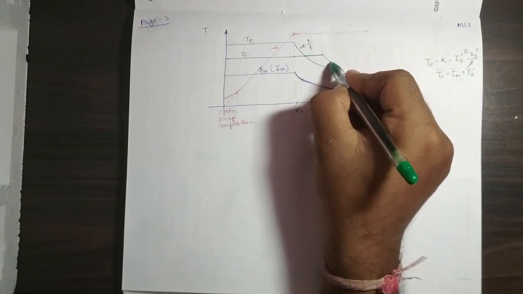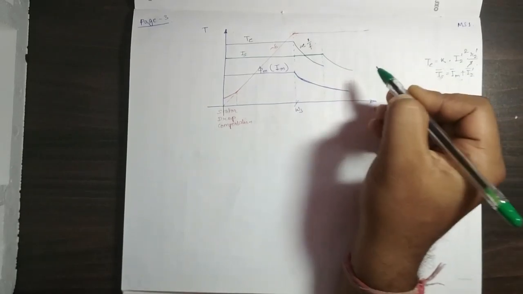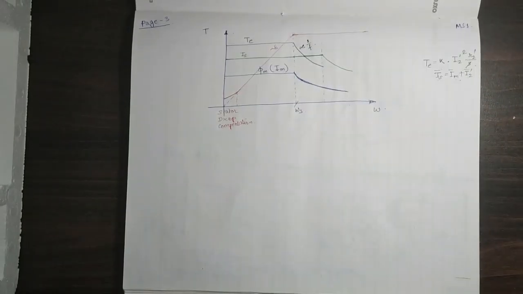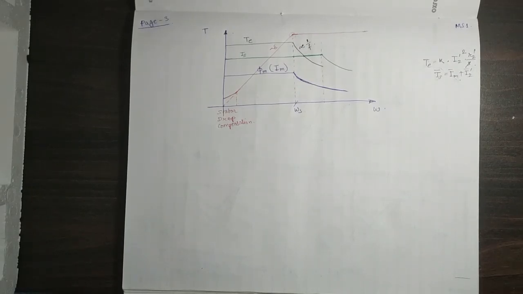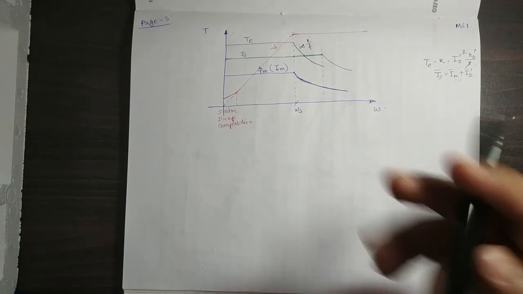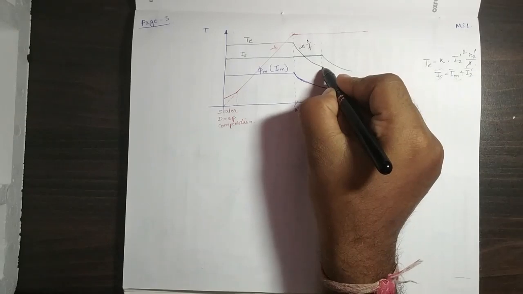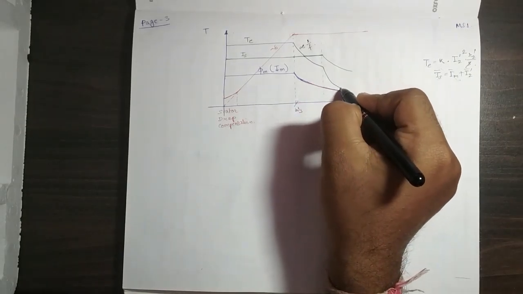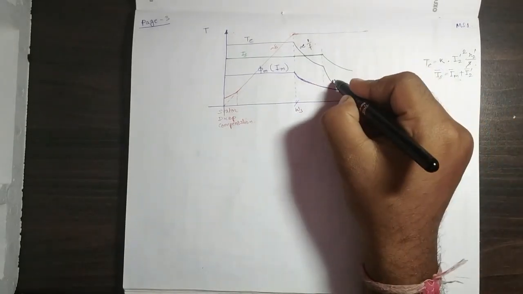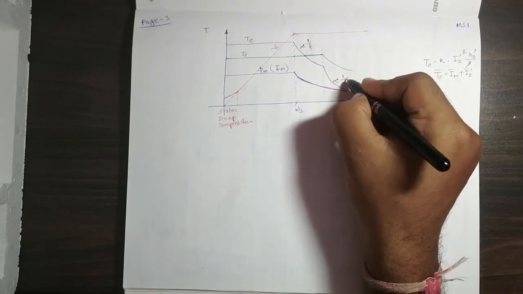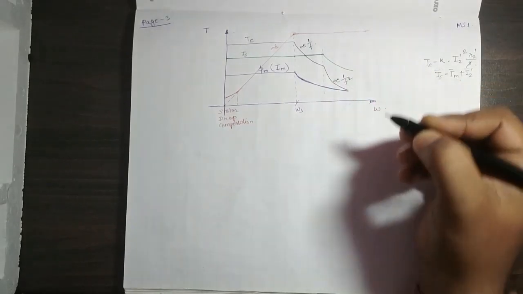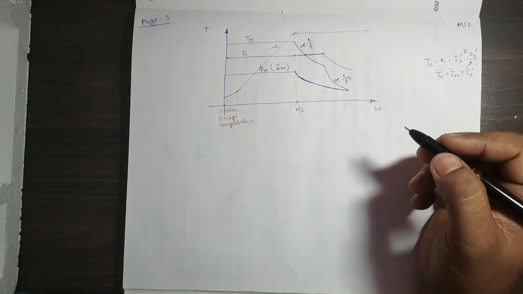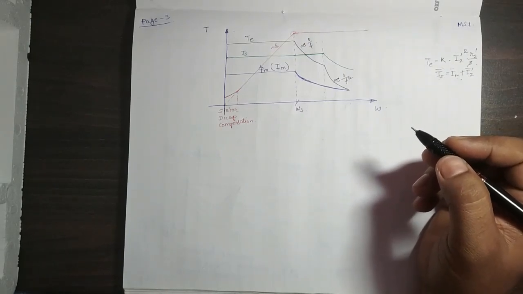So you are decreasing the stator current. So now what will happen? This torque will be decreased further, and it is proportional to 1 by f square.